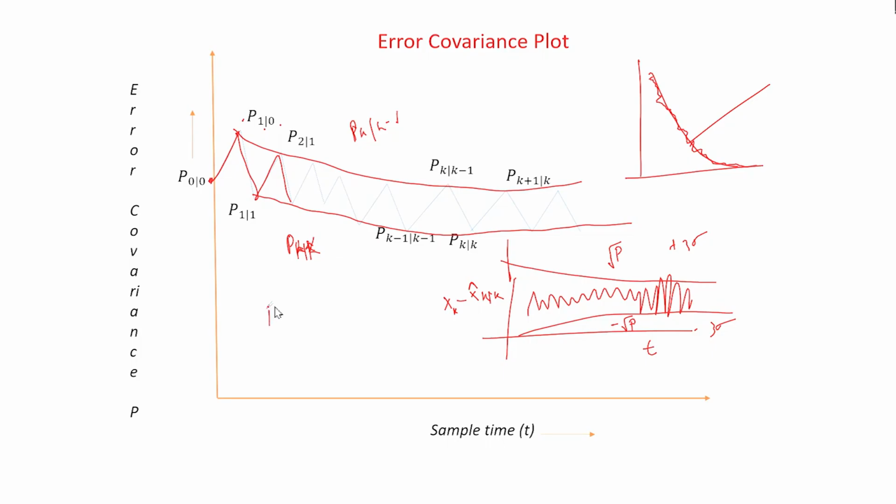Suppose you get a sensor and that sensor has some bias on it, and that bias will be reflected when you plot the estimation error. You can see for yourself. When you say unbiased estimate, that means the expectation of the estimation error is 0, so the expectation of x_k is equal to 0.